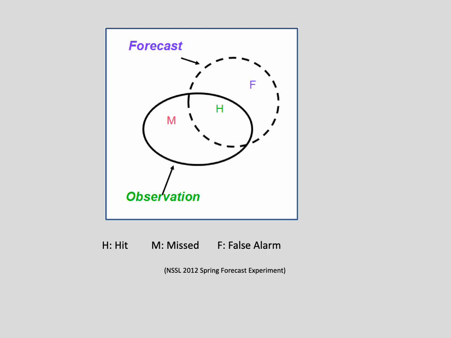F is the forecast that is never observed. This is the false alarm. The area outside both the forecast and observation is often called the correct rejections.